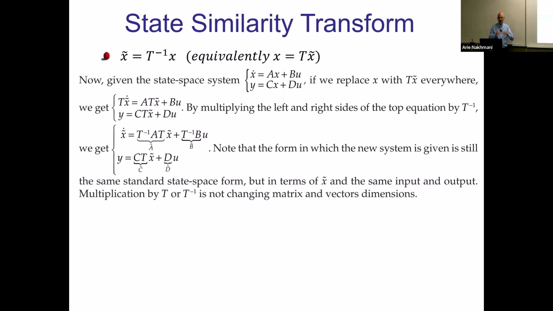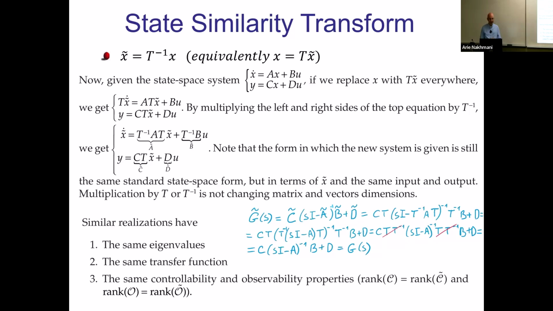It's still X dot equals AX plus BU, and Y equals CX plus DU. Same structure, same linear system, but for a different state variable. Now, this is a completely equivalent system in terms of transfer functions. This is my claim, and I'm showing you now why this is the same transfer function.